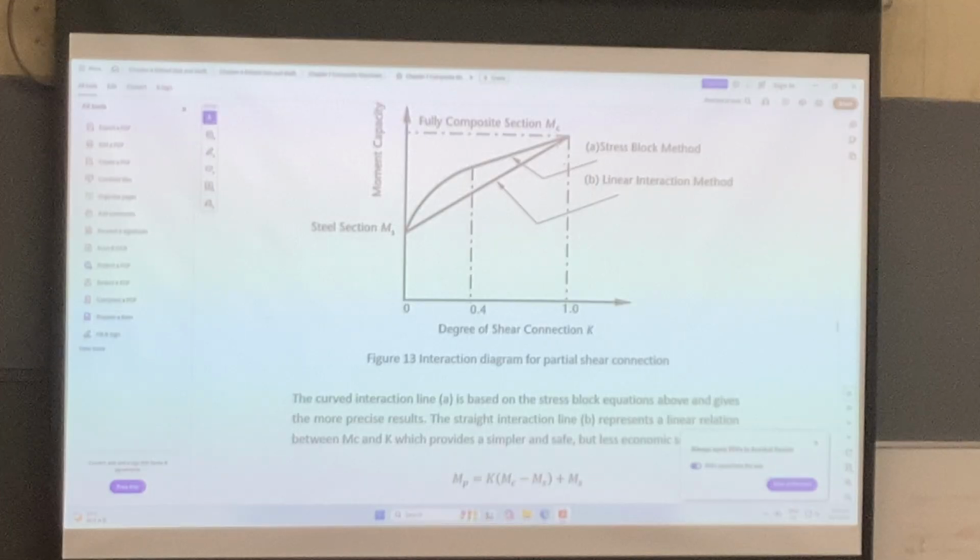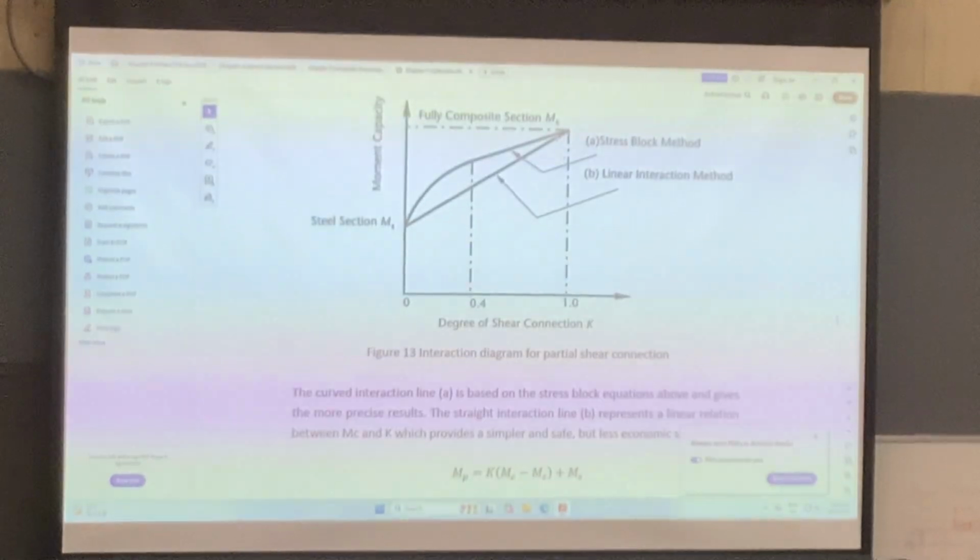So if you have no studs, K is equal to 0, then moment is equal to MS, right? Okay? 0, and then this is MS. If K is equal to 1, then the moment capacity is equal to MC. In between, say from here, then this is 0.5.